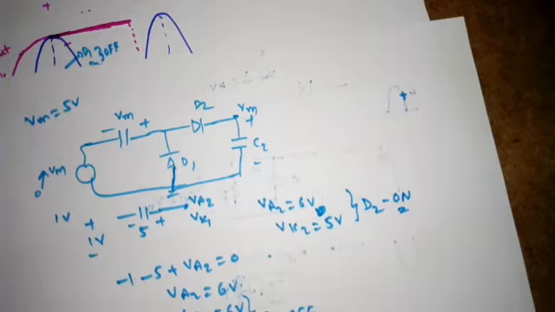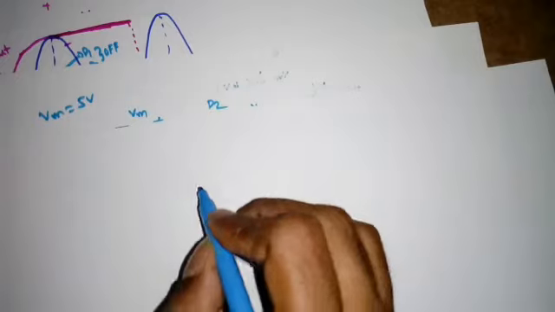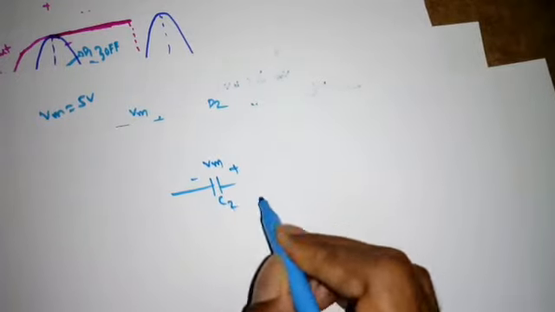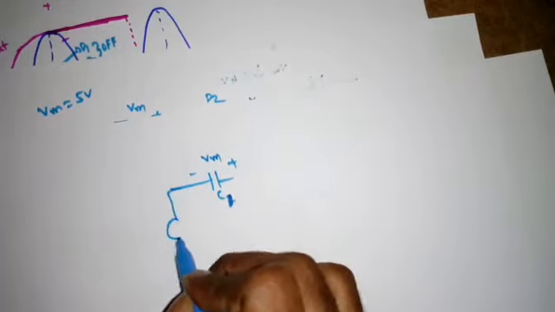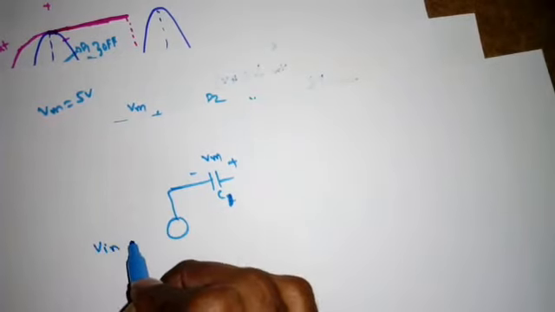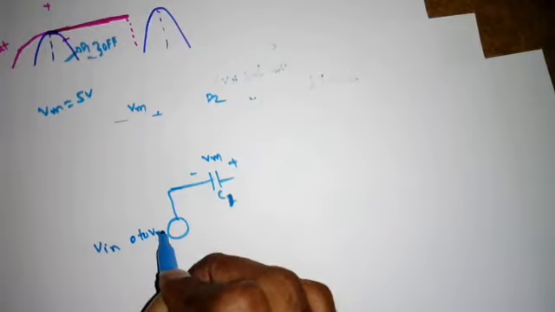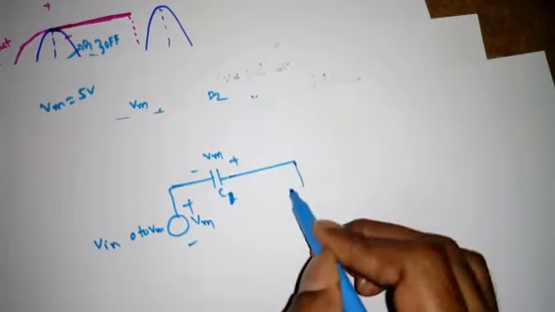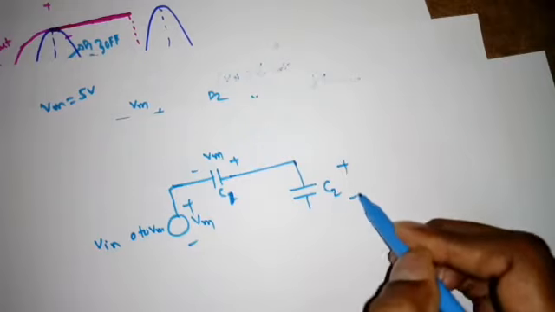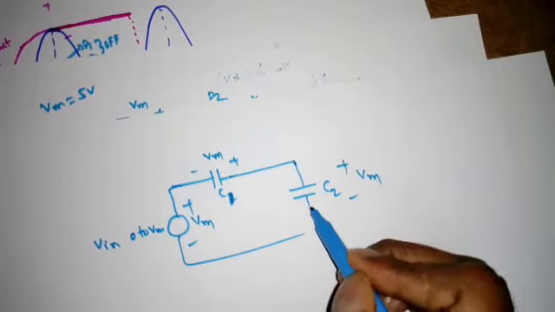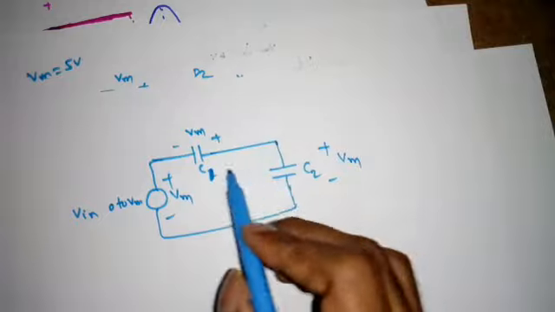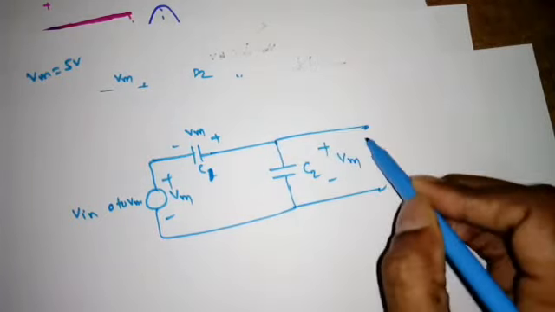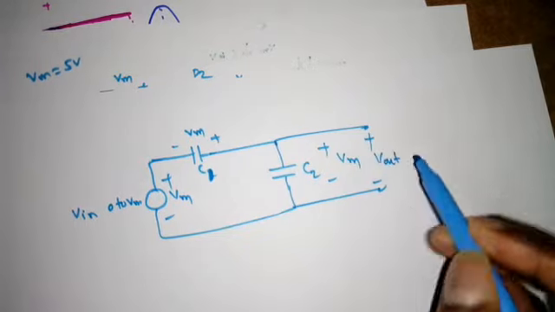Then once it is on, the scenario will be like this: minus plus Vm C1, and Vin is varying from 0 to Vm, so I can take it as plus minus Vm maximum. And this is the C2 which is already having Vm, right? Now tell me what can be the new value of Vout.